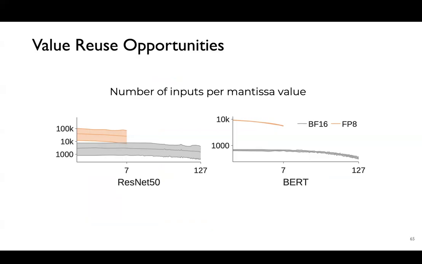In the context of value reuse, the curve reflects the upper bound number of value reuses happening at each cycle. As expected, for both BF16 and FP8, there are uniformly many inputs sharing the mantissa values. So this demonstrates the value reuse opportunity at each cycle.